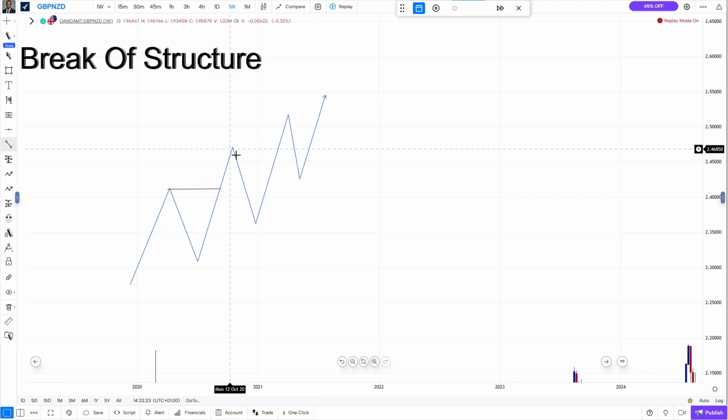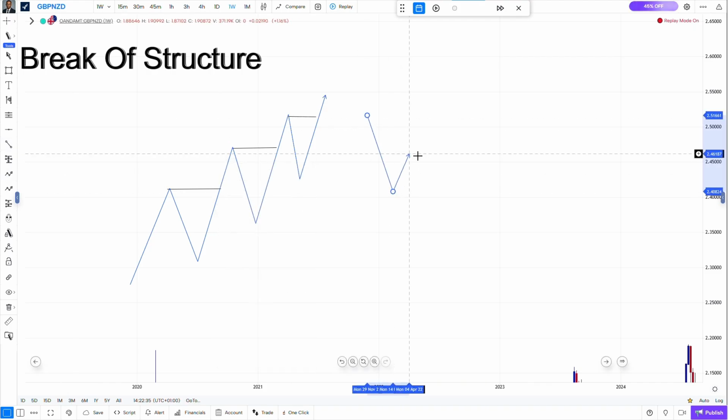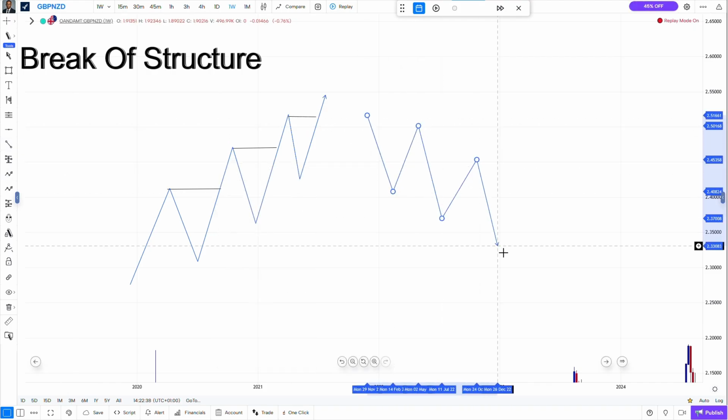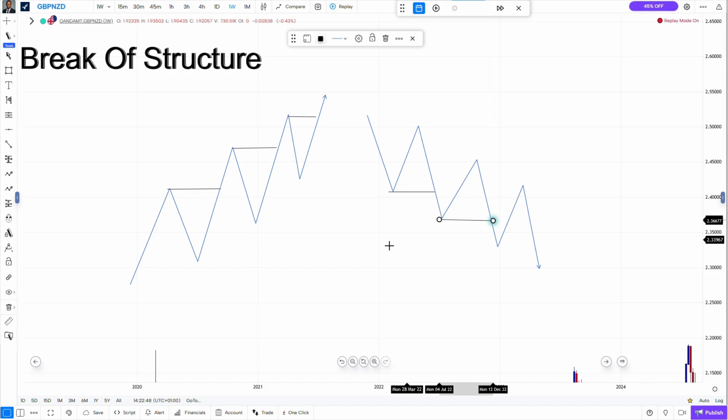Whether it's a breakout structure to the upside, which is indicating an uptrend, or a breakout structure to the downside, which will be indicating a downtrend. We also have a situation where the market is breaking structures both to the upside and to the downside.